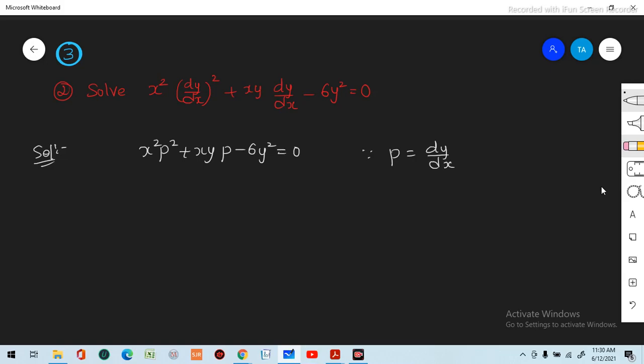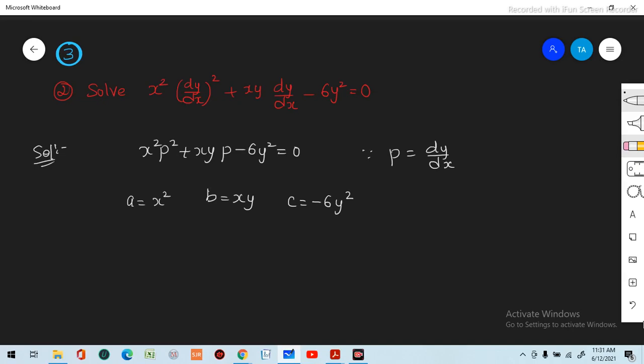Now we have a quadratic equation in terms of p. So how do we solve this? If it were arithmetic, with numbers, we could have given the factors. Here we have variables also, independent and dependent both, so use the quadratic formula. a is equal to x square, b is xy, c is minus 6y square.